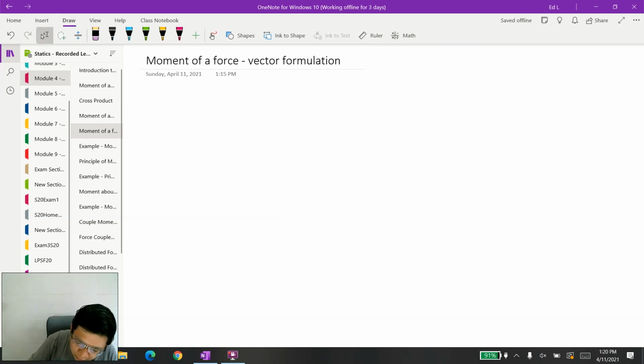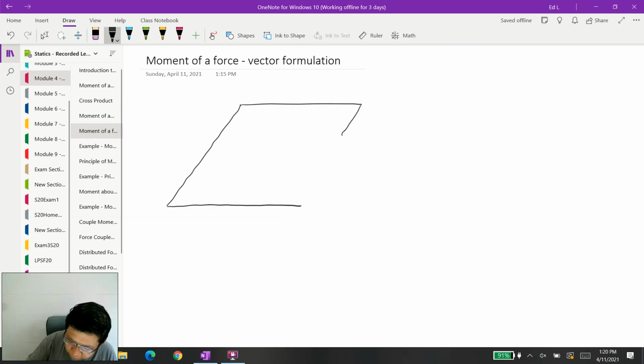Okay, let's go ahead and consider over here that we have a plane. I'm going to draw a plane right there, and let's say that on that plane we have a reference point O. In addition to that we also have a force F right there.